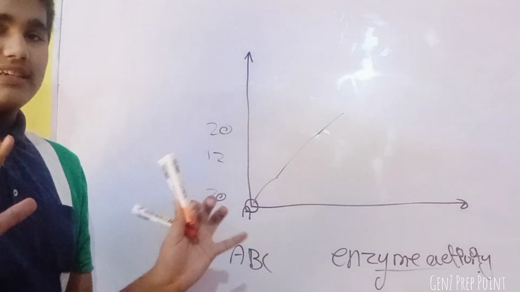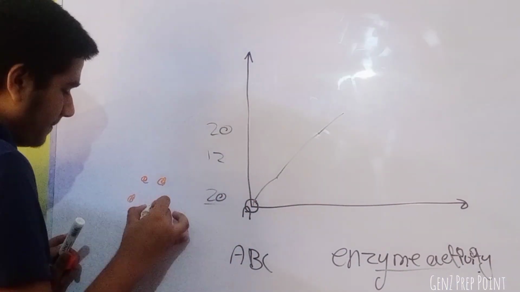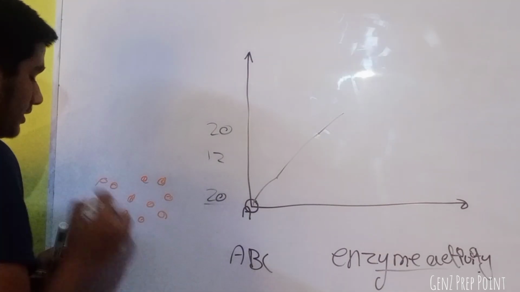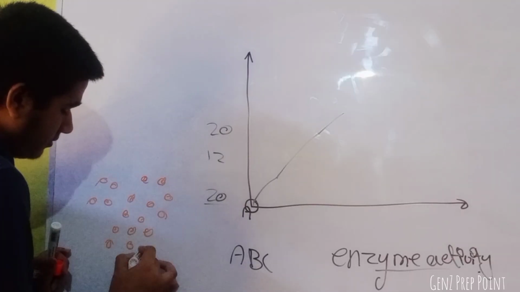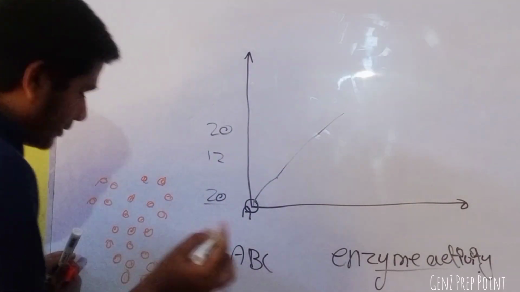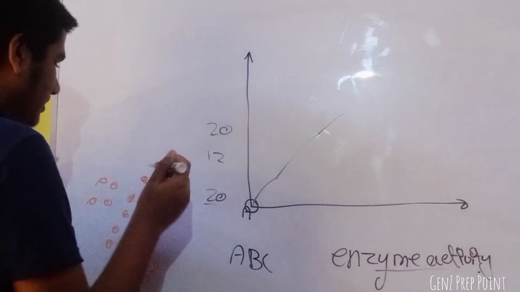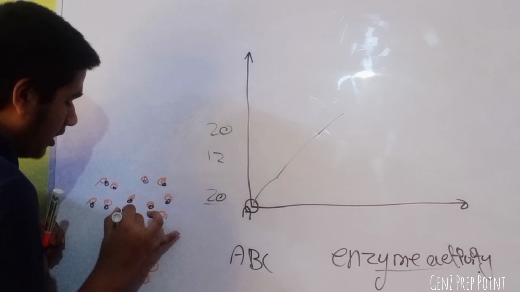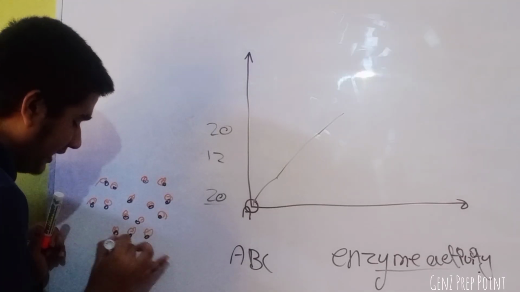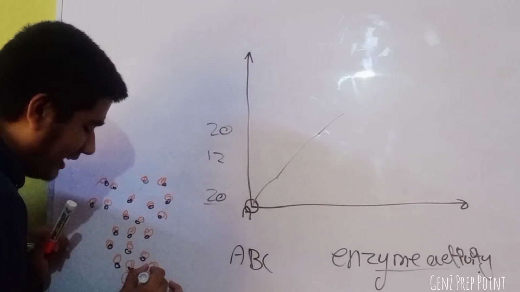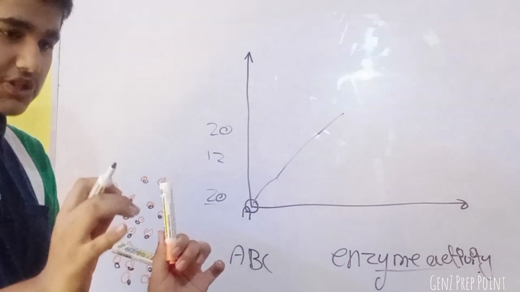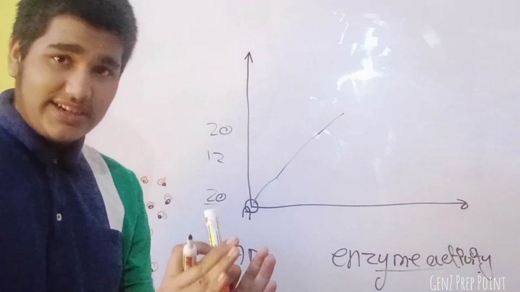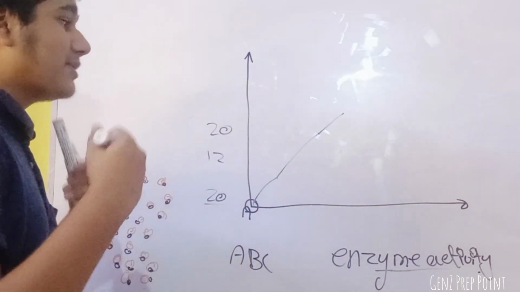Because there are 20 enzymes, all have substrate protein on them, all are busy breaking down the protein. All the 20 enzymes are busy. So now the speed will stop, but the process will continue because that substrate is getting digested. The process hasn't stopped. It will continue.